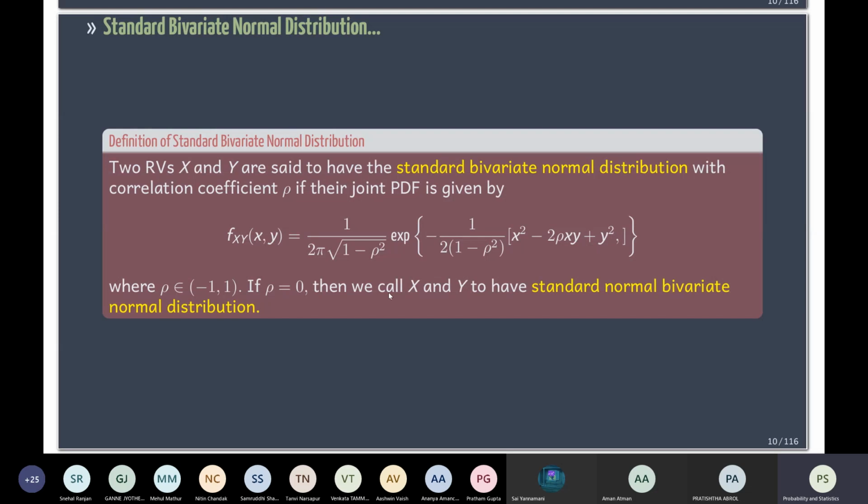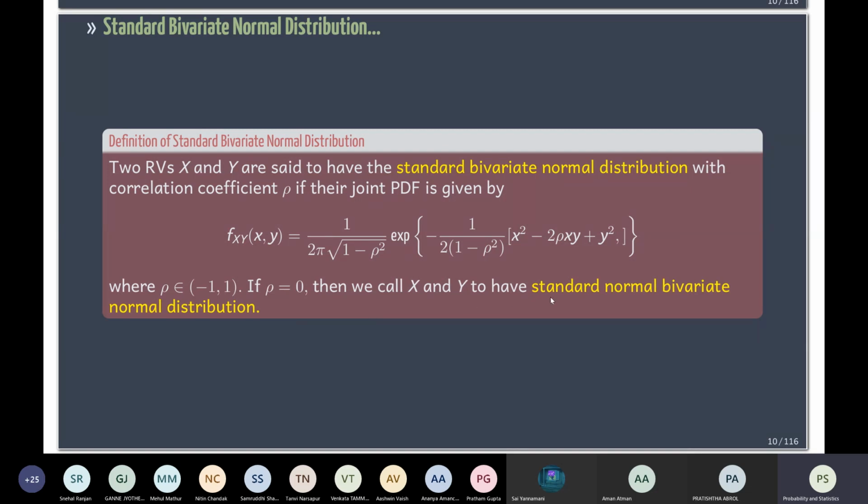I think there is some mistake here. Rho is defined to be between -1 and 1. So if rho is indeed 0, then we call them... Okay, one second. Why am I saying normal two times here?